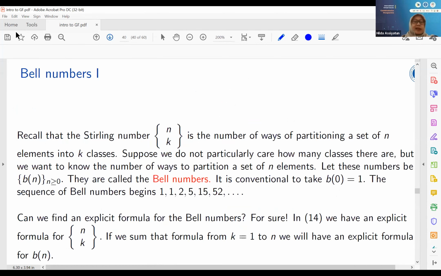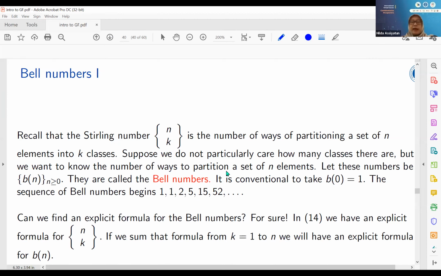If in the Stirling number of the second kind, this is the number of ways to partition a set of n elements into k classes, right? Now suppose we do not care how many classes there are, but we want to know the number of ways to partition this set of n elements.